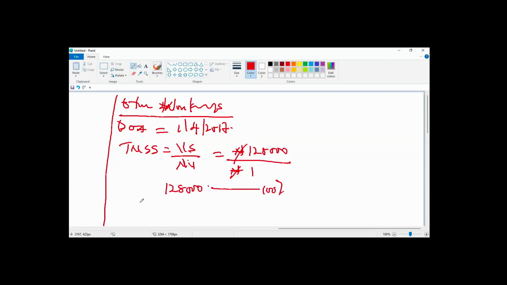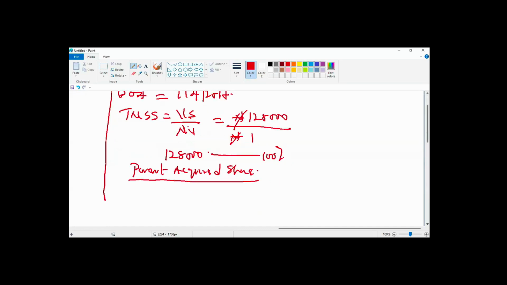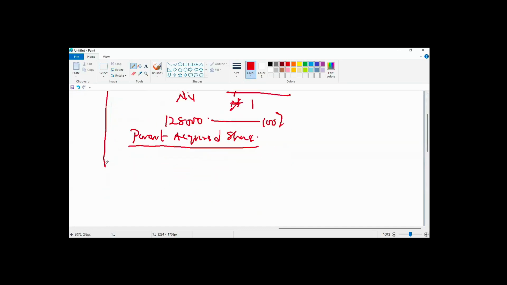The parent only acquired 60%. How will I get that? He has told me you acquired 60%. Then 60% of 128,000: 0.6 times 128,000.